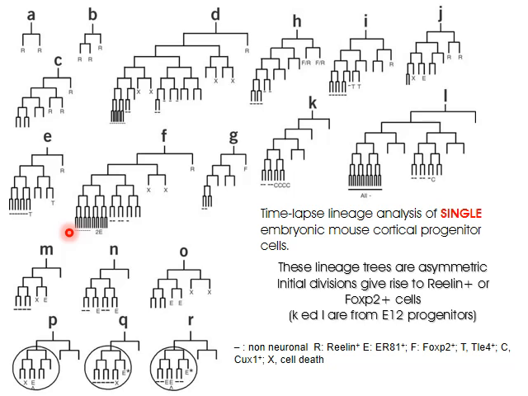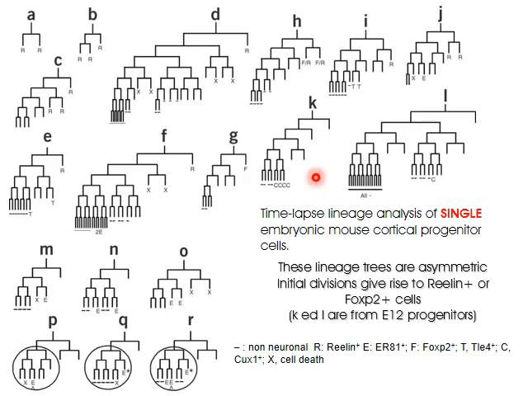Interestingly, however, these authors did not show progenitors giving rise to both upper and lower layer neurons. Actually, in this figure, there are only two lineages of progenitors that contain COX2 positive cells, and these are from progenitors isolated from the E12 neocortex, so are later progenitors.